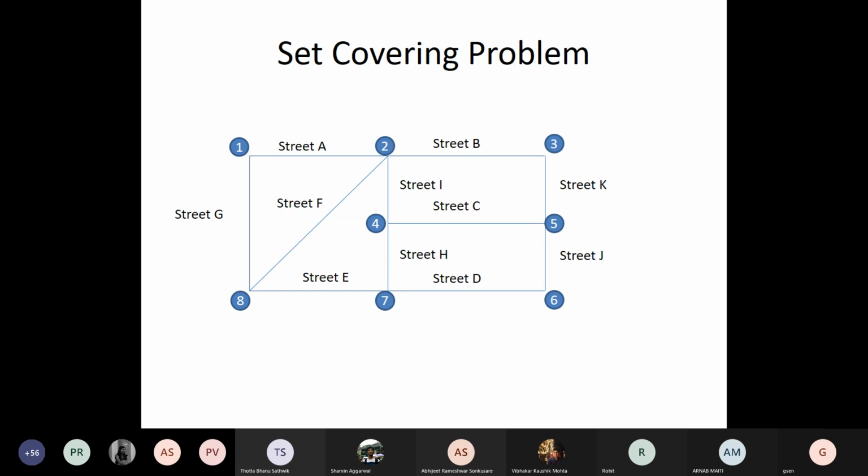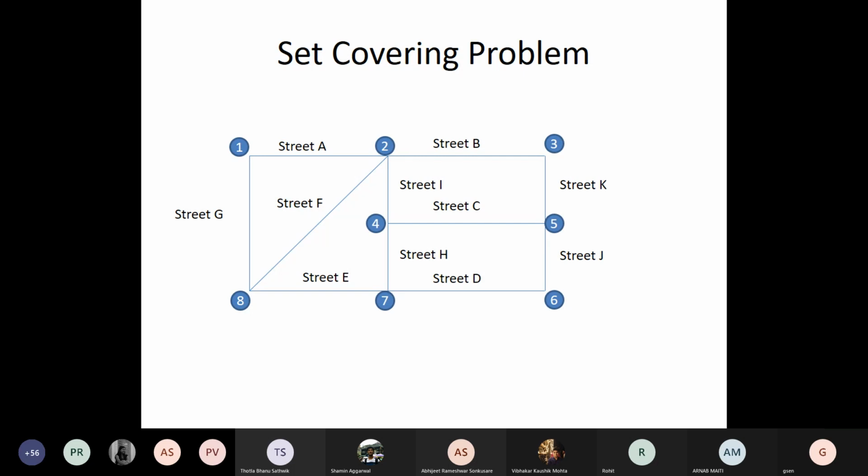So you will get Wi-Fi connectivity only on the incident edges. And the institute wants to minimize its cost. That means it wants to identify the minimum number of such nodes and their locations, so that this entire graph, that means all the edges, are covered by the Wi-Fi network.